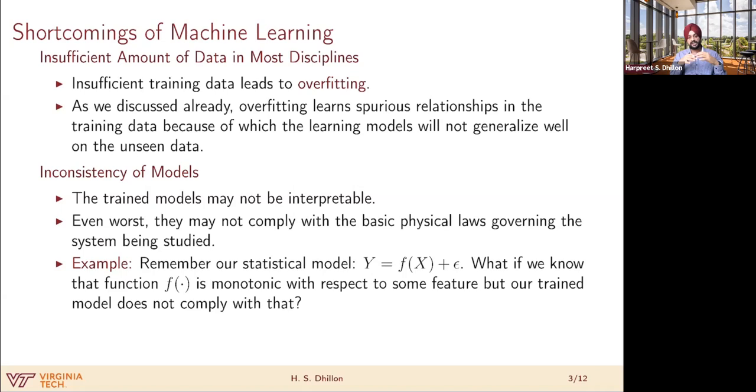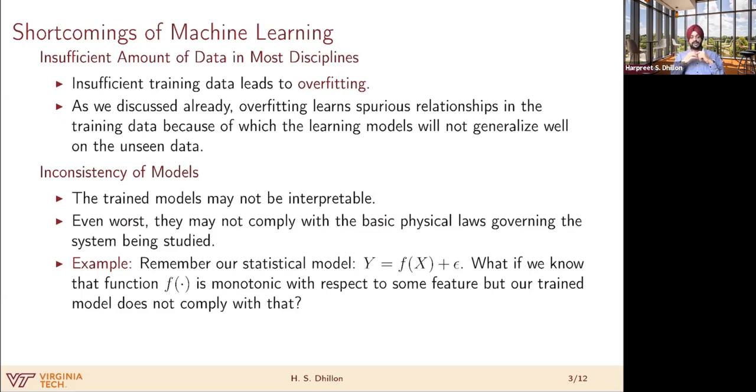And that's sort of the first deficiency, if you will, when you try to apply machine learning to some other disciplines. Now, the second deficiency, which is of specific interest to theory-guided machine learning, is inconsistency of the models that you are training, right? First of all, trained models may not be interpretable, right? But even worse is when they do not comply with some basic physical laws which are governing the systems that we are trying to study, okay?